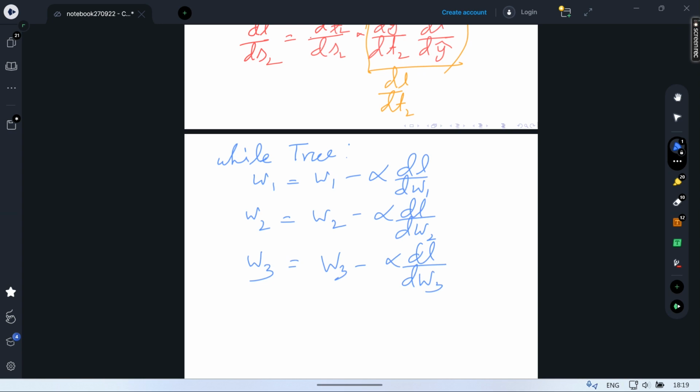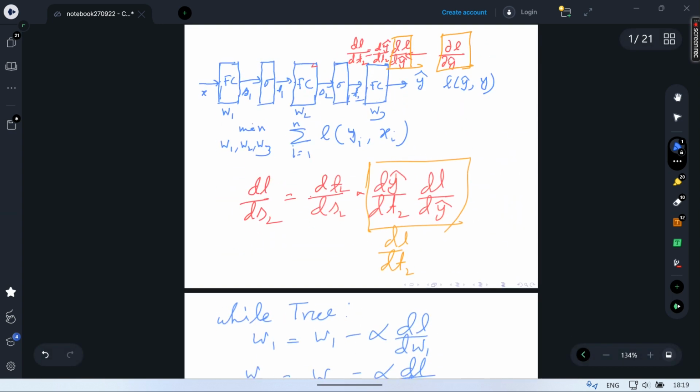This is the simple back propagation training.